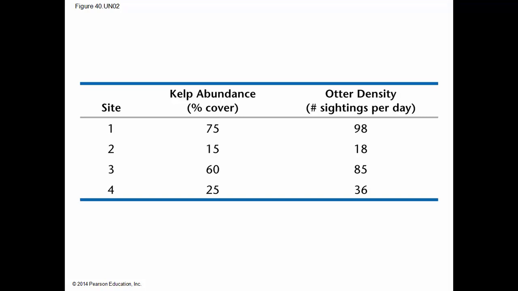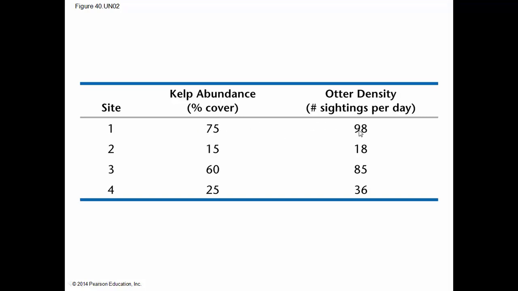Here is where we have our sea otters eating. Sea otters eat sea urchins, and the cover of seaweed should be higher where you see more sea otters present. You should see more kelp, more seaweed, because the sea otters are eating the sea urchins, and the sea urchins normally eat the kelp.